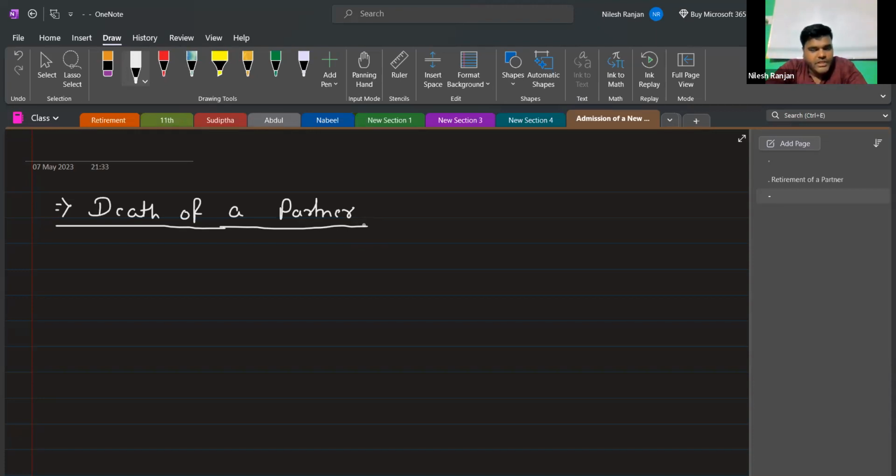So in retirement, you don't have to calculate the profit during the year, because generally, retirement takes place at the beginning or end of the year. So you don't have to calculate the profit of that period up to date of death.